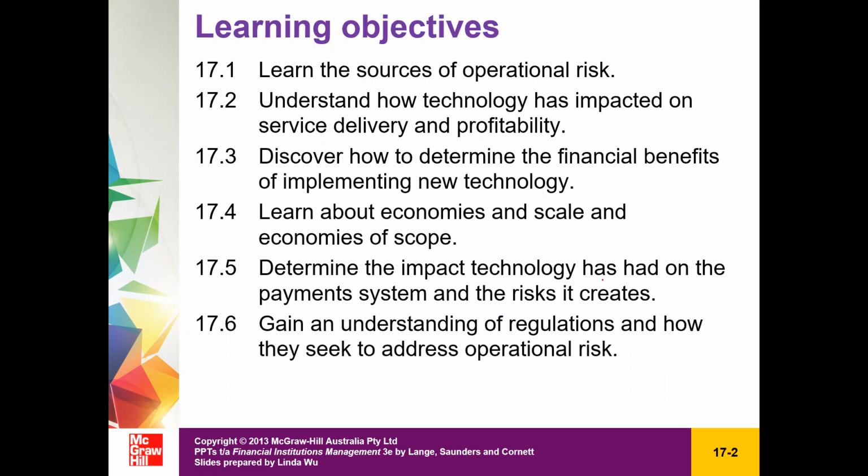We will also learn about the economies of scale and economies of scope arising from the use of technology. And we will discuss the impact of technology on the payment systems. And last of all, the regulatory issues associated with operational risk.